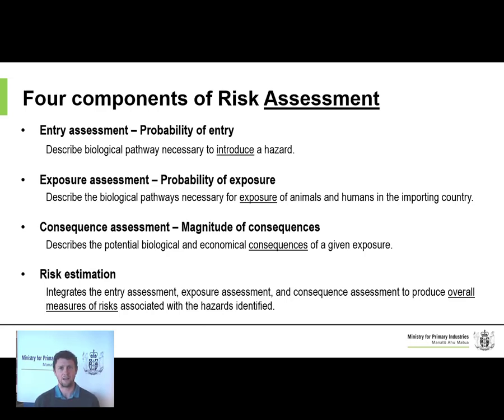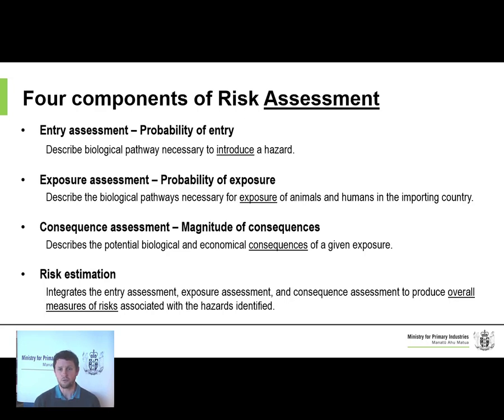What are the biological pathways required for that Listeria monocytogenes strain to go from the animal product to being consumed by a human and cause an adverse health effect? We talked about the consequences, or the magnitude of those consequences, should an animal or a human be exposed to a particular hazard and suffer consequences from that hazard.